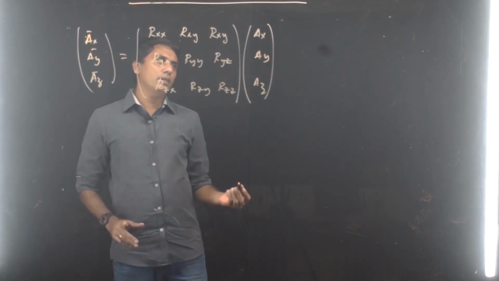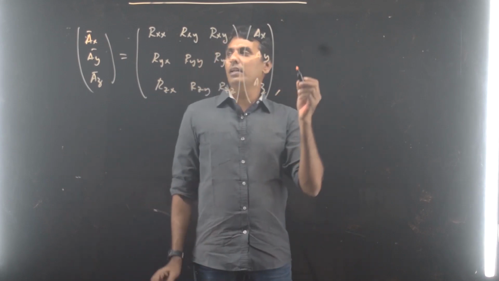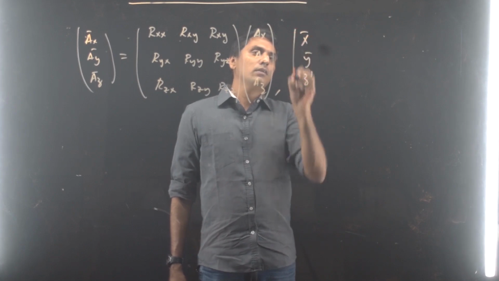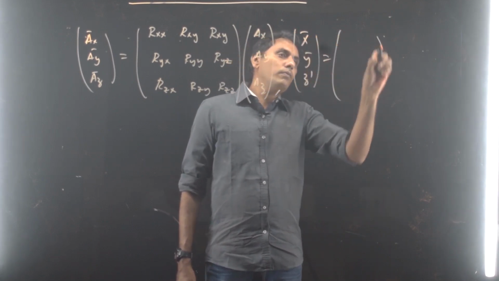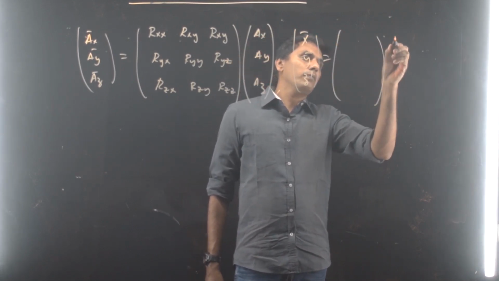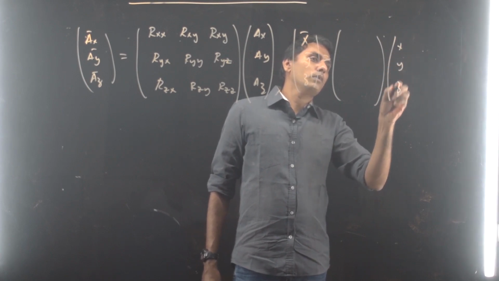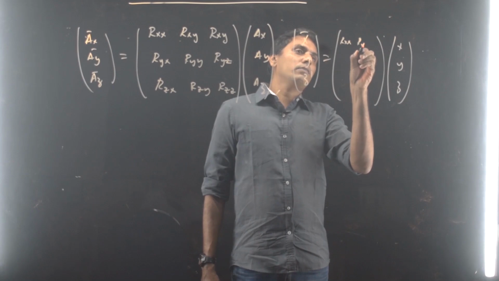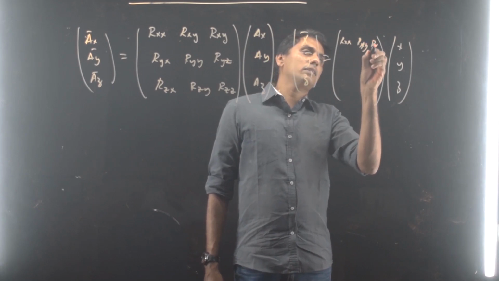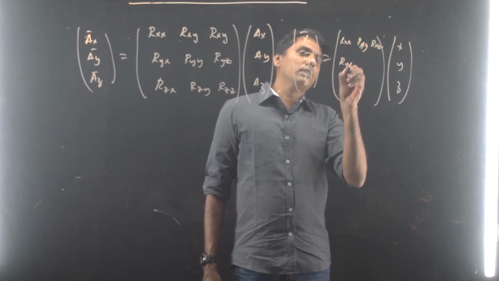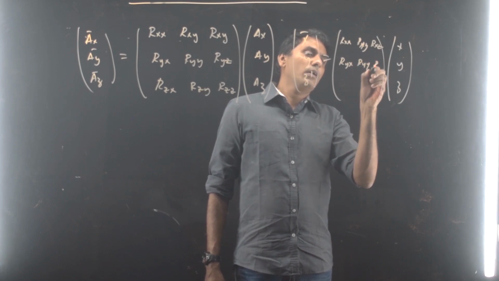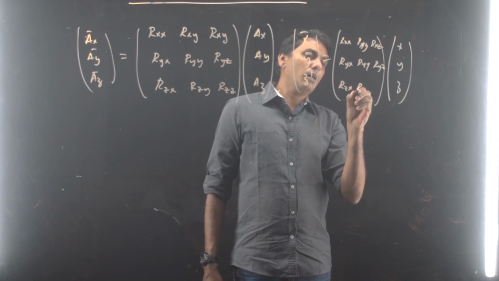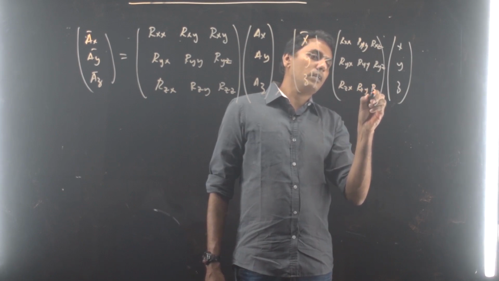Similarly, your coordinates x bar, y bar, z bar will be equal to the same matrix Rxx, Rxy, Rxz, Ryx, Ryy, Ryz, Rzx, Rzy, Rzz, multiplied by x, y, z.